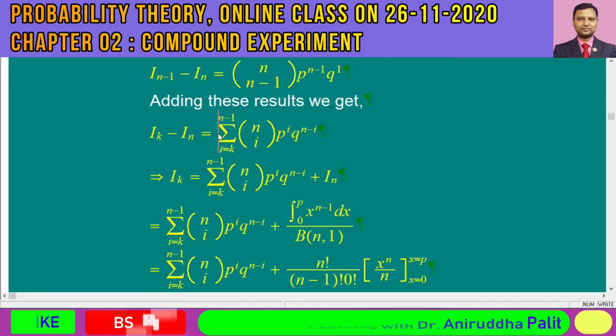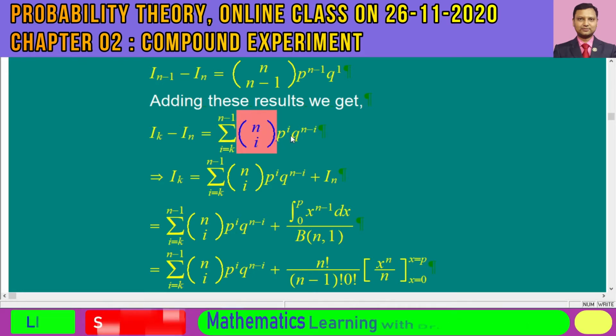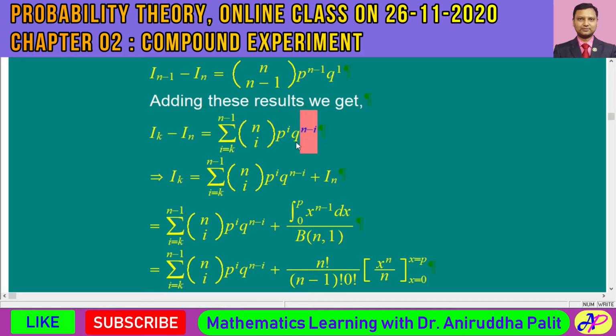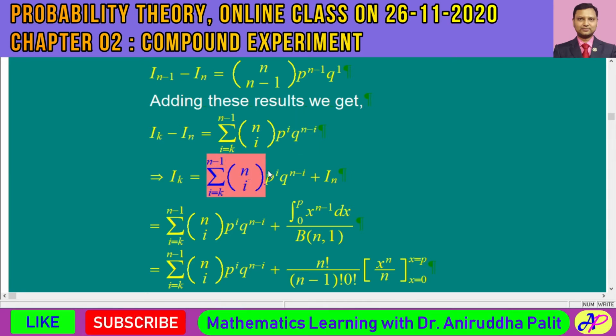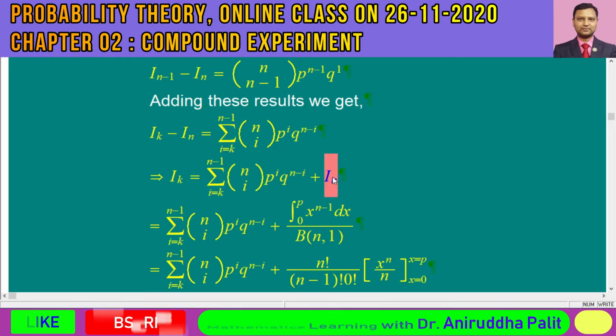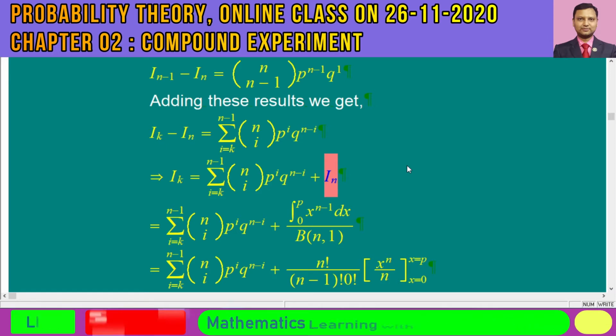So we have the summation over i equal to k to n minus 1 of nCi p to the power of i into q to the power of n minus i, and therefore this I_k can be written as the summation plus the extra term I_n. This is the added term on the right hand side.